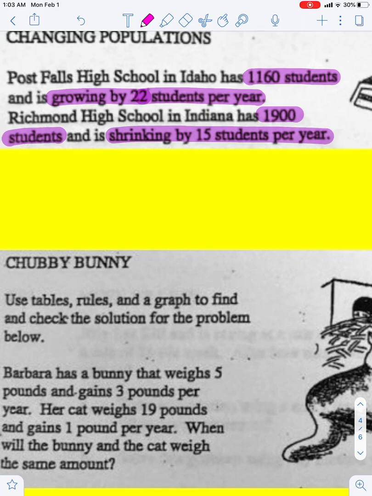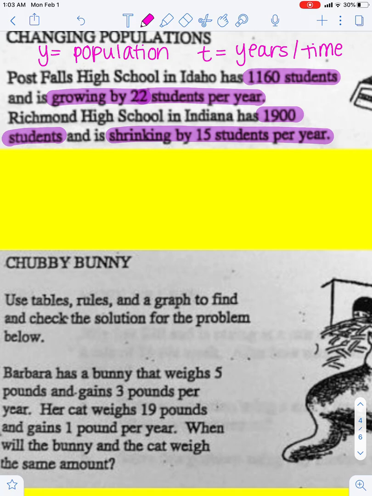So I'm going to say that Y is equal to population and that T is equal to years or time.